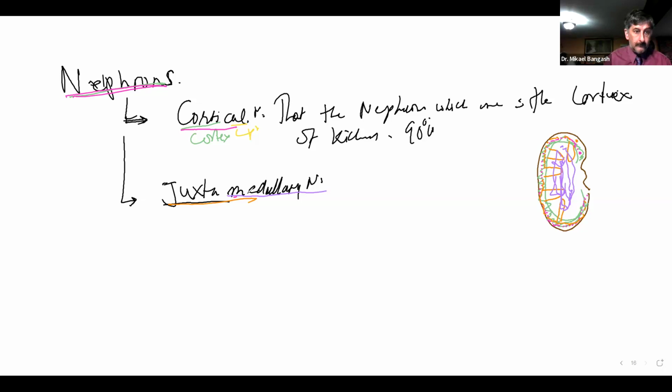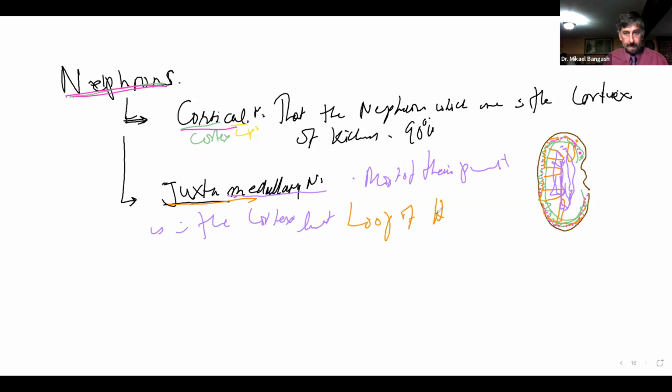So these will be the nephrons where most of their part is in the cortex, but the loop of Henle of these nephrons extends into the medulla.